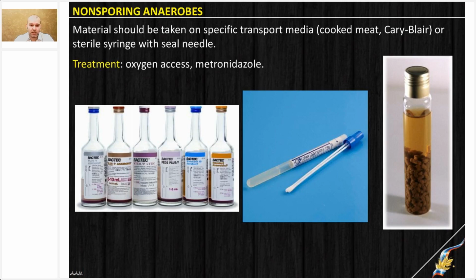And in the right part, it is a culture medium, which is known as Robertson cooked meat or Kitt-Tarozzi medium. They are very similar by principle and by general appearance. It is a meat broth with pieces of some meat or other biological tissues.